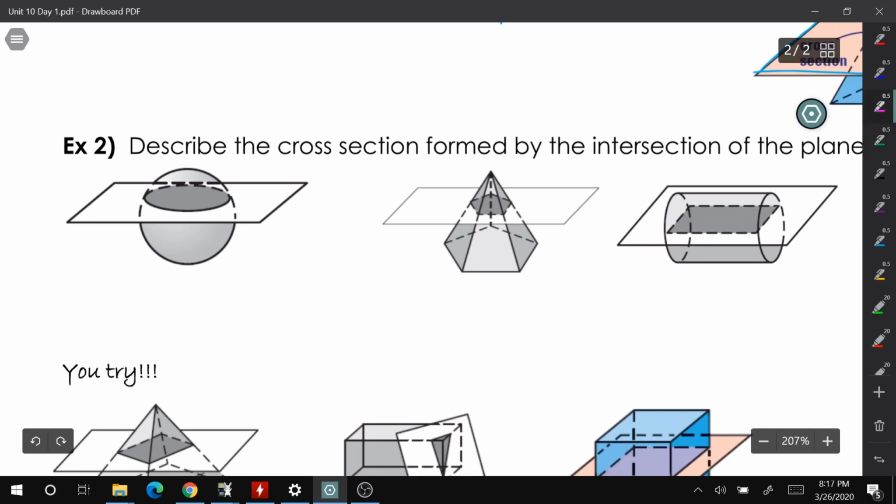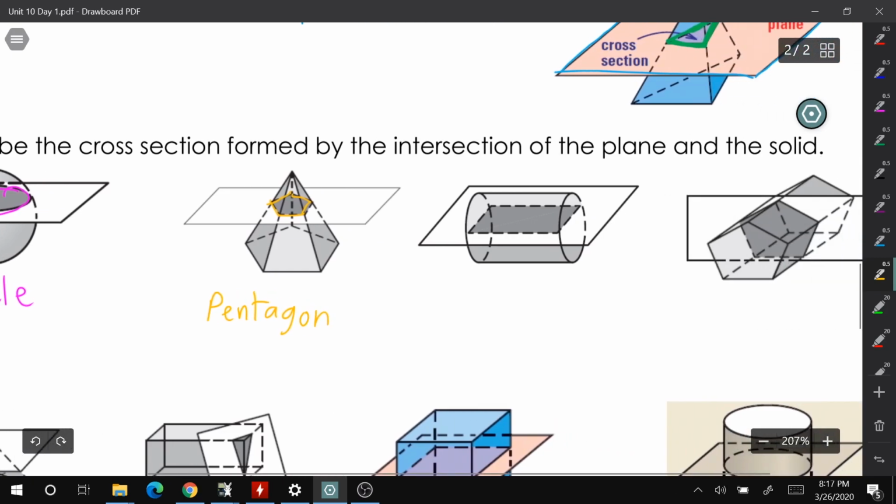So let's look at example number 2 and identify the cross section formed. So here the cross section formed is a circle. The cross section formed here is a pentagon. The cross section formed over here is a rectangle.